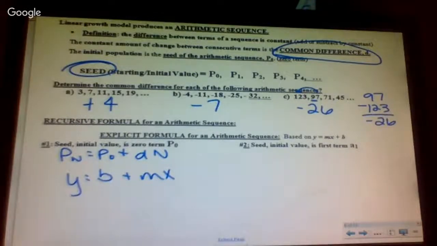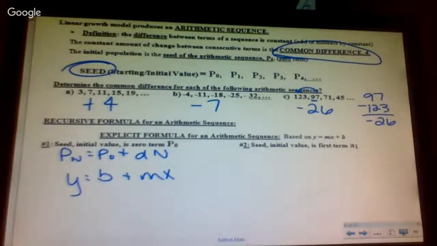So your explicit formula can be based off of y equals mx plus b, or b plus mx, or x plus b equals y. Either way. If I add 2 and 5 or 5 and 2, I still get 7. It does not matter what order you do it in.